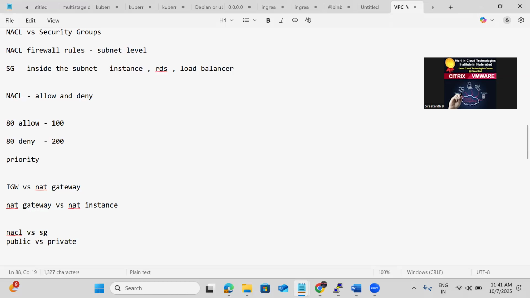People will ask us the differences between public and private subnets also. So we should be able to explain all these differences. Any doubts on this?